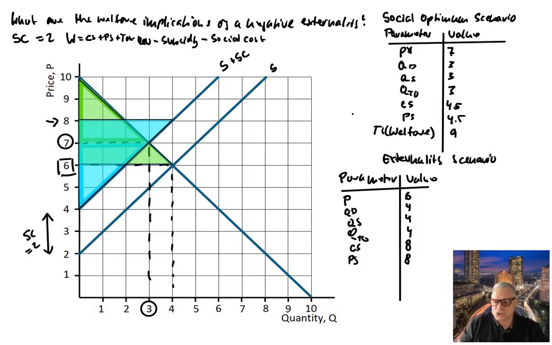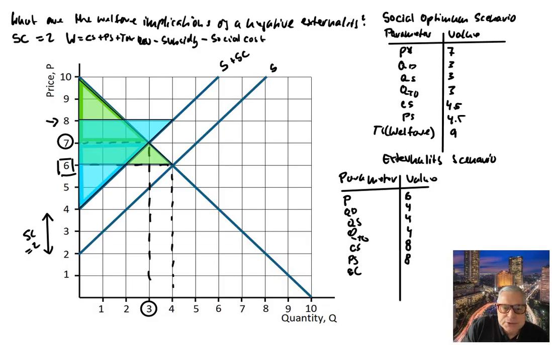So how big is the social cost? Well, the social cost is SC, so we have a quantity turned over of 4, but each unit turned over comes with the social cost of 2, so we have 8 in social cost.